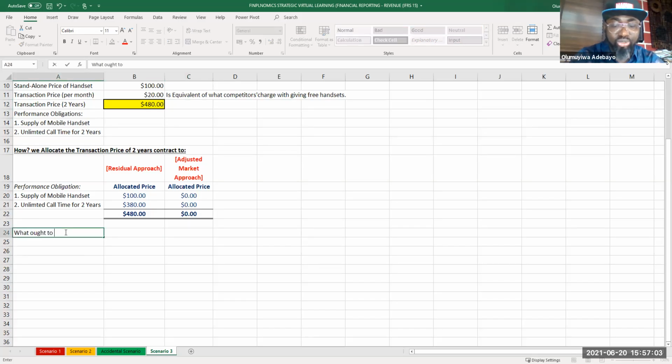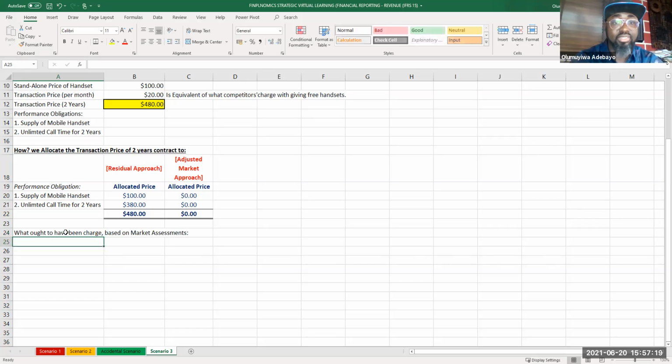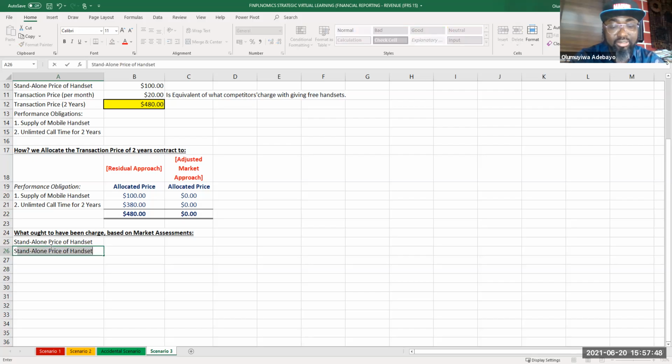What ought to have been charged based on market assessment is the standalone price of assets, and the standalone price of unlimited call time.